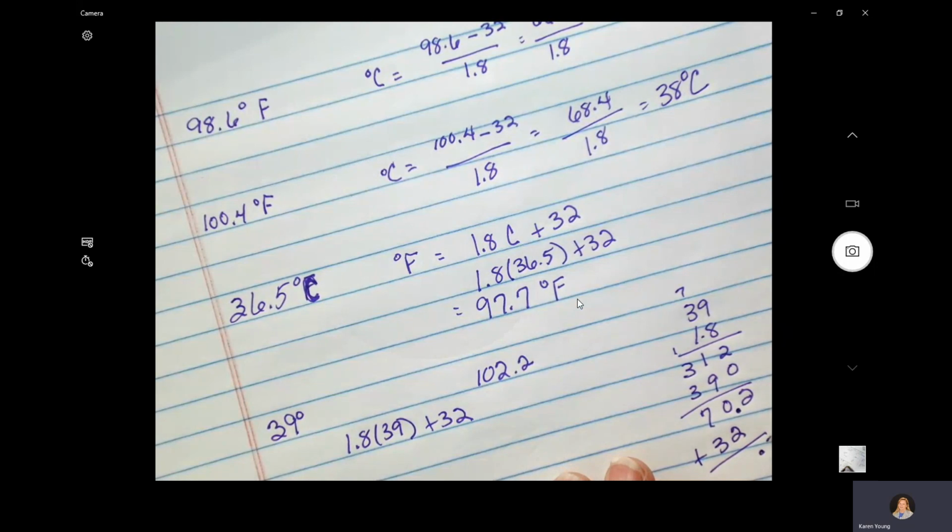So 2, 7 and 3 is 10, so I still get 102.2. You may have clicked on the wrong button or something on the calculator. So would we consider them having a fever? Yeah.